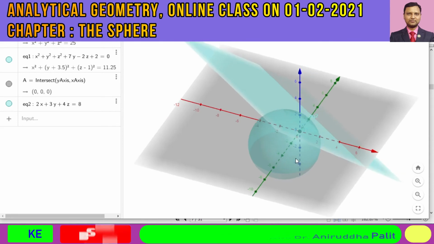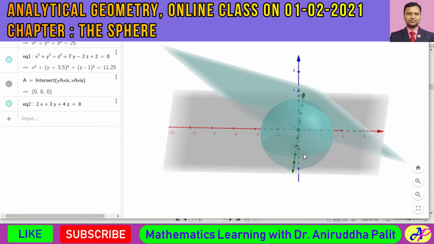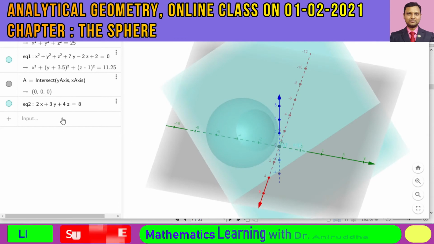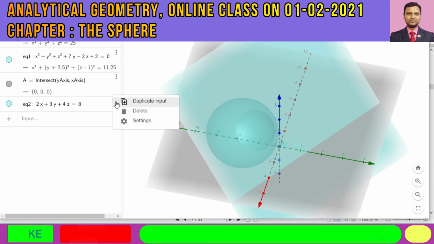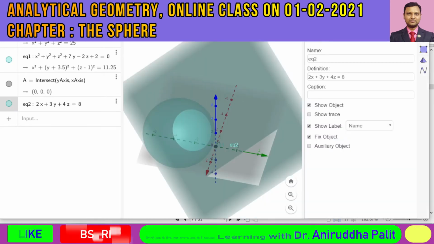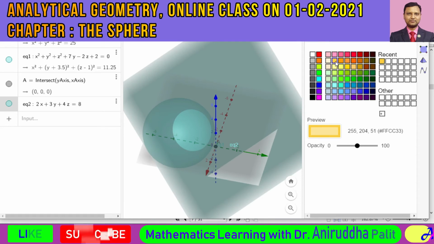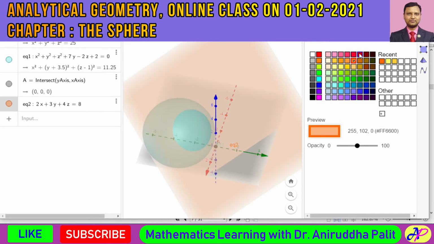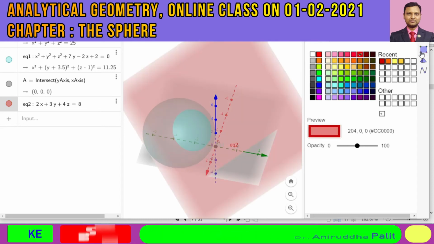You see, this would be the section. Let us try to change the color of this plane, say consider this kind of color.